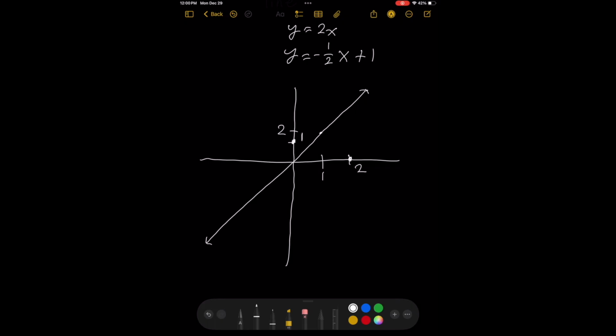So our line, this guy, is going to look like this, kind of. And actually, that's a terrible drawing. Let me try and get a better one.